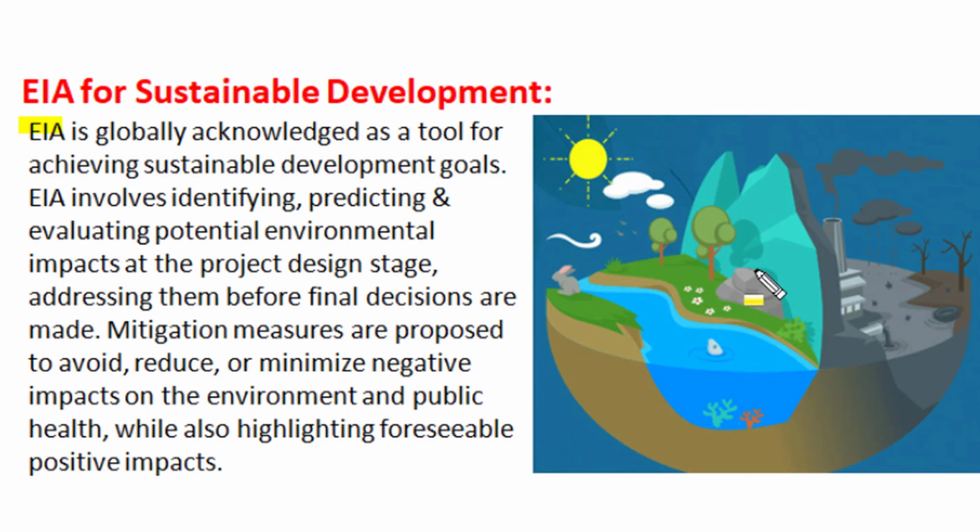And in a good environment impact assessment, sound mitigation measures are proposed to avoid, reduce or minimize negative impacts on the environment, and this will ensure sustainable development and public health. A sound environment impact assessment also highlights all positive impacts of the project.